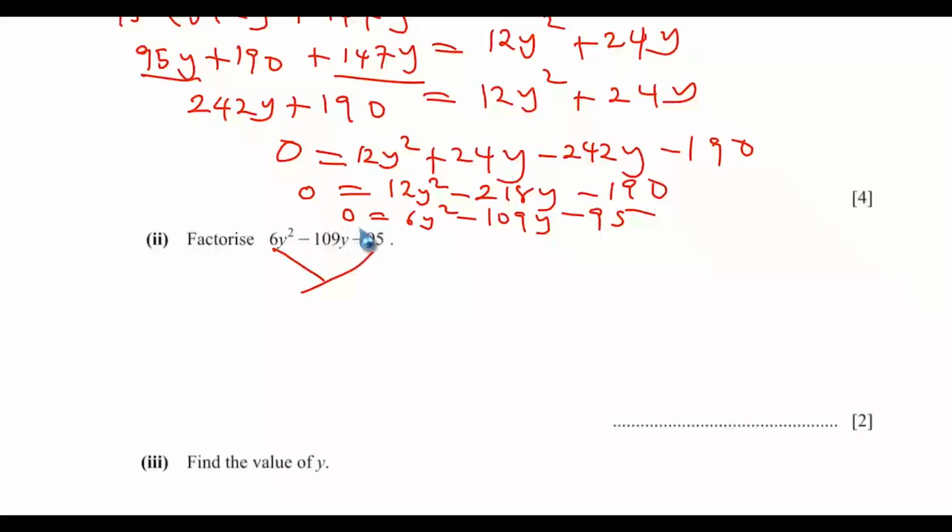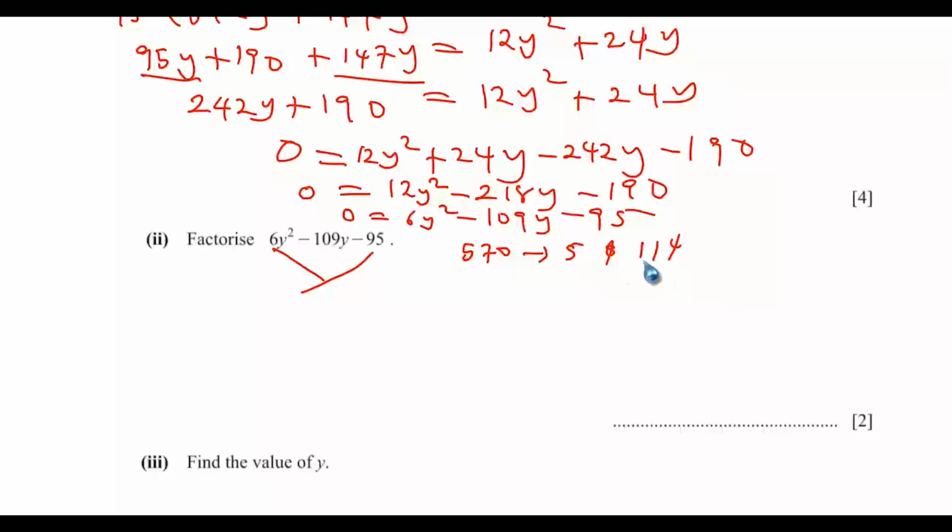Then if you now divide 570 by 5, so you should get 114. So that means the factors of 570 that will add up to minus 109 are 5 and 114.